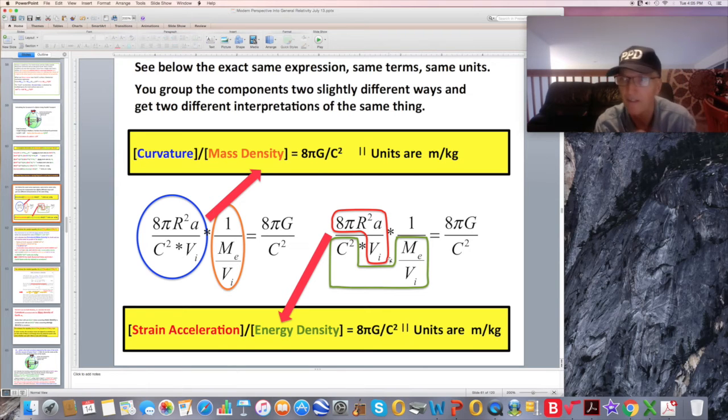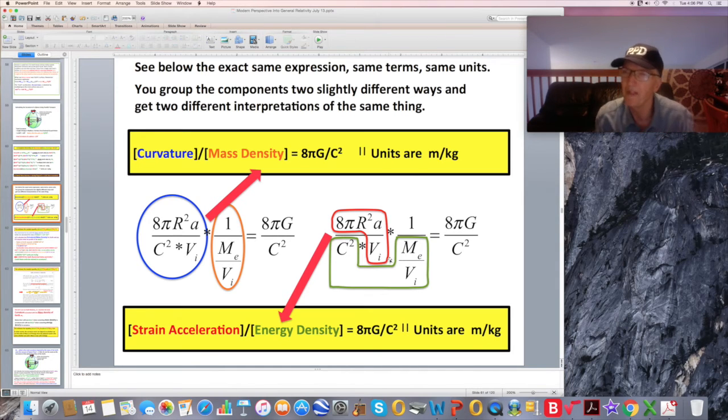If you want to talk stress and strain, go ahead, move that c squared over. If you want to talk curvature divided by mass density, then leave the c there and group it in that blue little circle. And you get curvature divided by mass density is equal to 8 pi g over c squared.